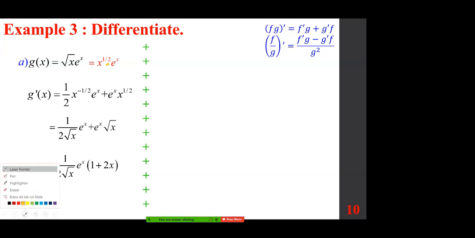Okay. And to see how it's done, maybe I'll quickly show you in case as far as the algebra goes. Class, when you're here, you can say the common denominator is 2 square root of x.